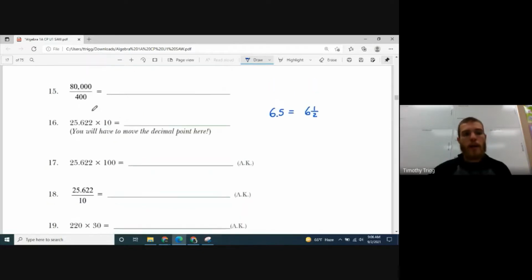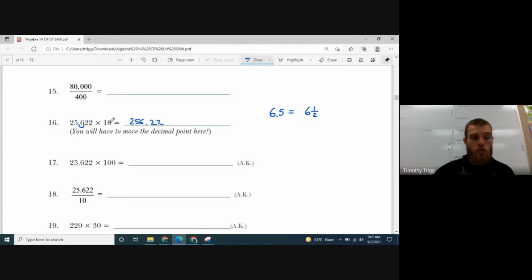Now, when we multiply a decimal by a power of 10, what that does is it moves the decimal however many places. So in this case, times 10, well, that's going to make it bigger, isn't it? Right? When we multiply by 10, that makes the number bigger. So that moves the decimal to the right. Okay, so this 25 point something now becomes 256.22.